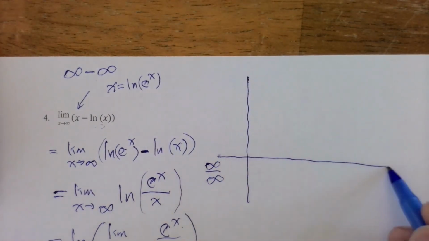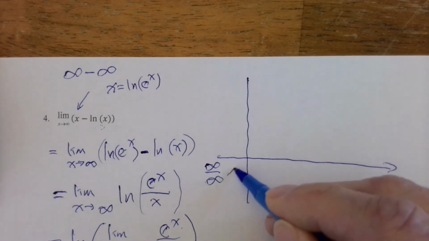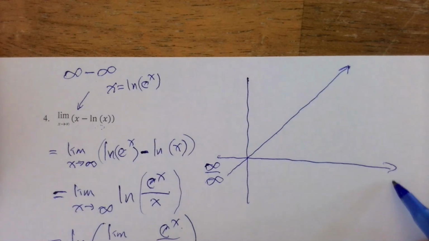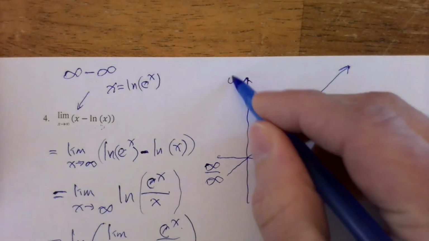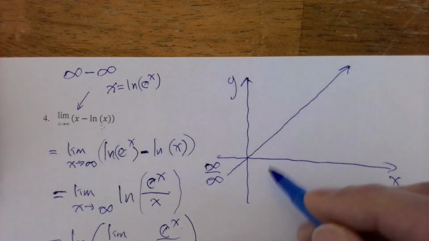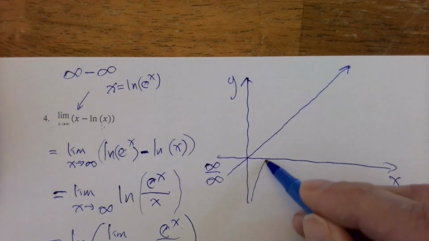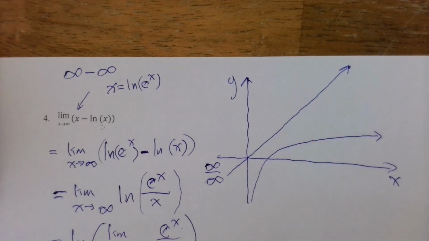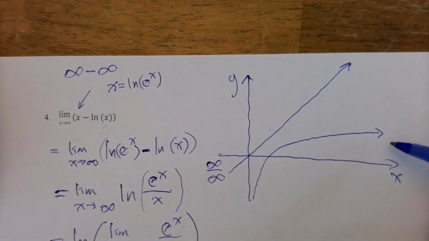Here's a graph of y equals x. As x goes to infinity, pretty clearly y goes to infinity. And here's a graph of natural log. It doesn't appear to be getting very infinite, but trust me, it gets there.